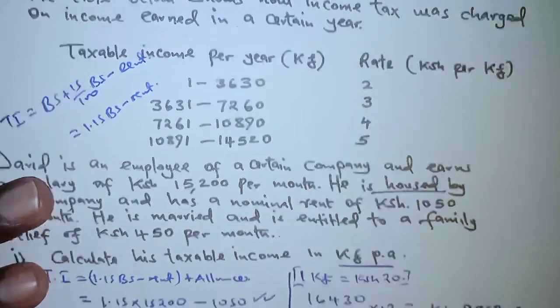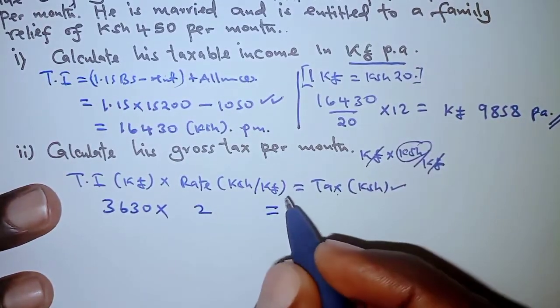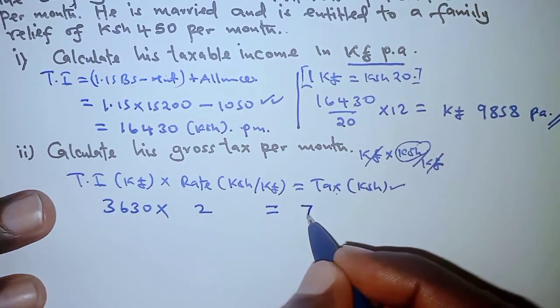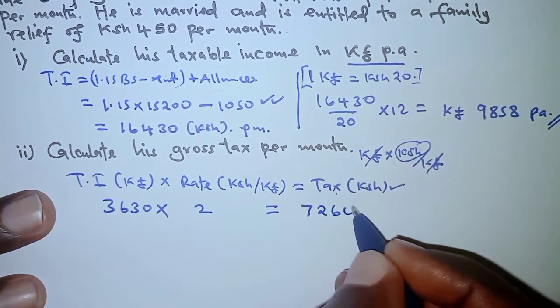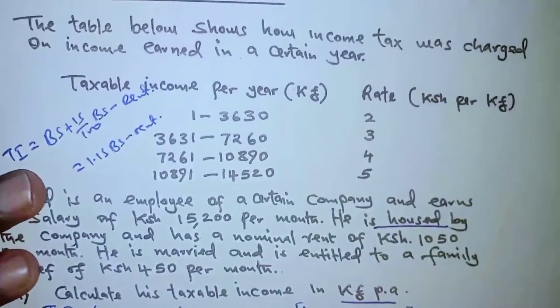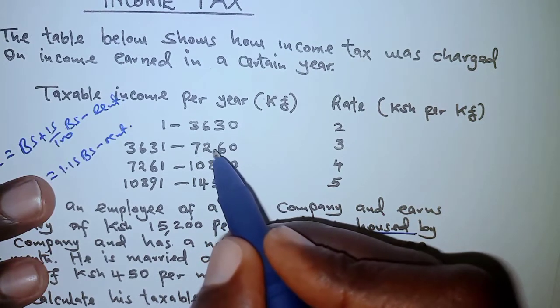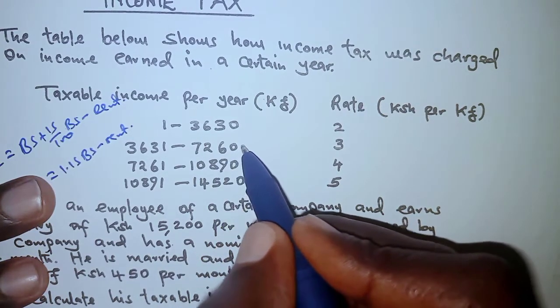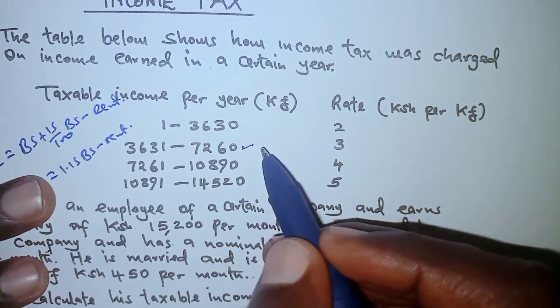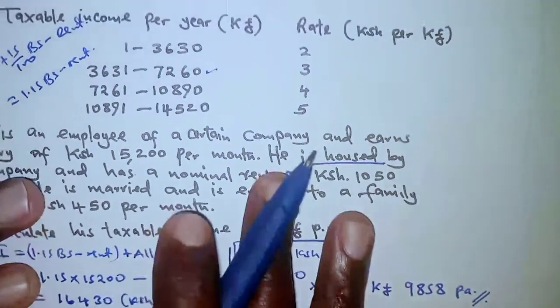It corresponds to 2, so we multiply by 2, and that will give us a tax of 7,260 Kenyan shillings. Then, moving to the next band, we have 7,260 on the highest, which is still less than our taxable income.